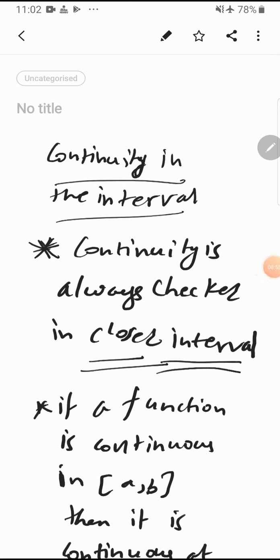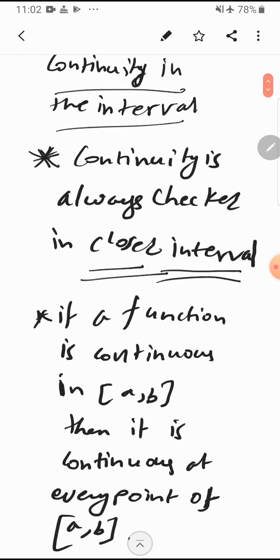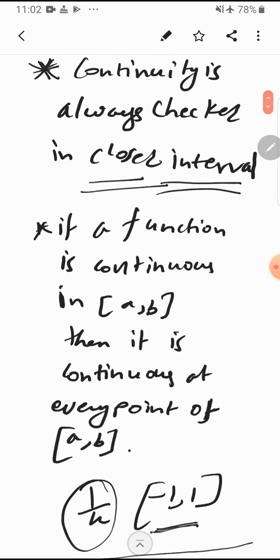Now next is continuity in the interval. Continuity is always checked in a closed interval, and if a function is continuous in the closed interval a comma b, then it should be continuous at every point of the closed interval a comma b.